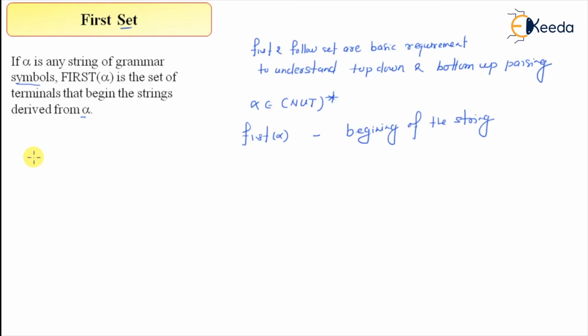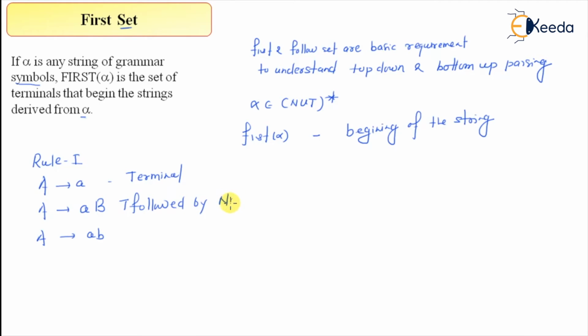To compute the first set, there is rule number 1. The basic rule says that if A derives small a followed by B, A derives small a followed by B, so directly it is deriving a terminal followed by a non-terminal, or a terminal followed by a terminal.